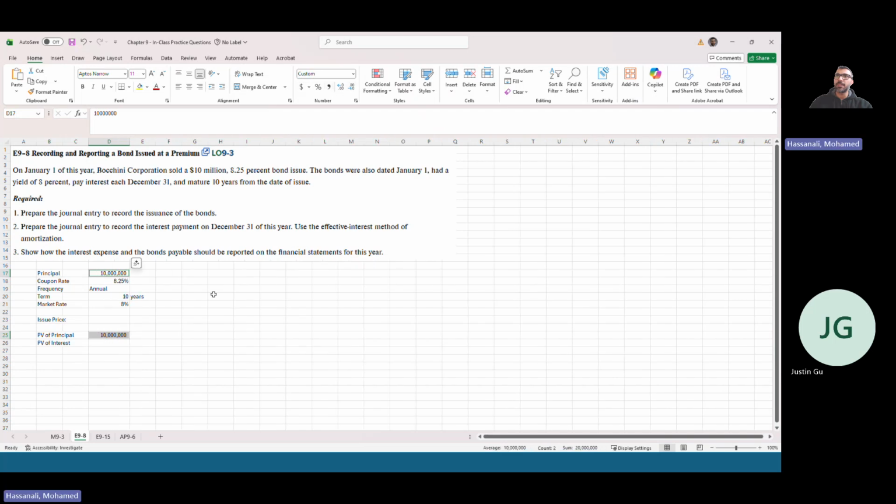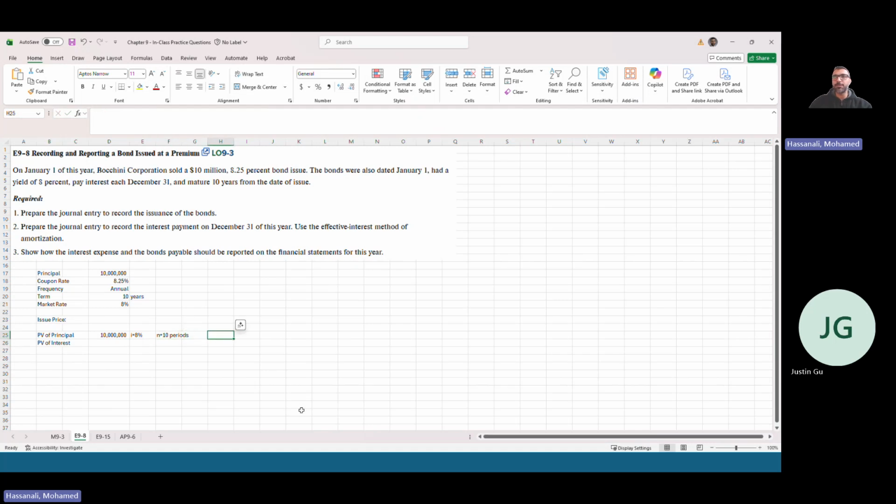So our interest rate, which is a market rate, is 8%. Our N is equal to 10 years. And since it's a single payment, our 10 years is just going to stay at 10 periods.